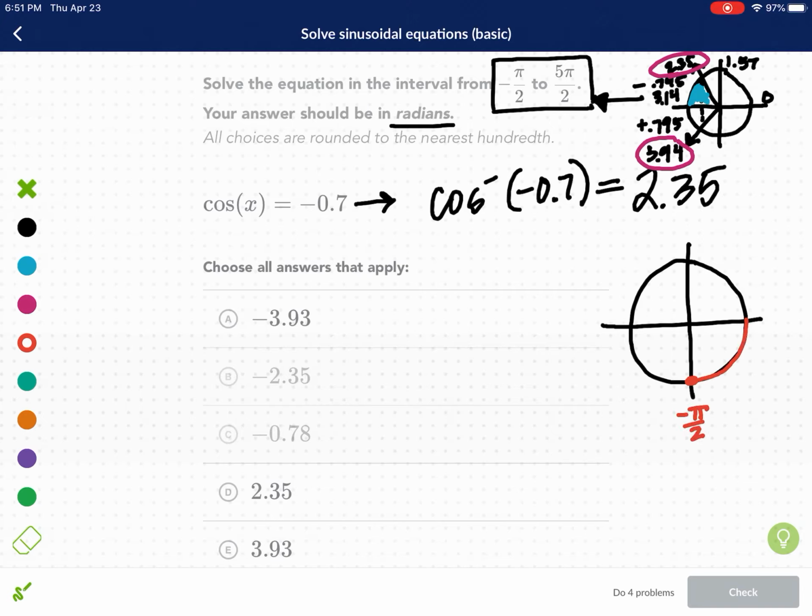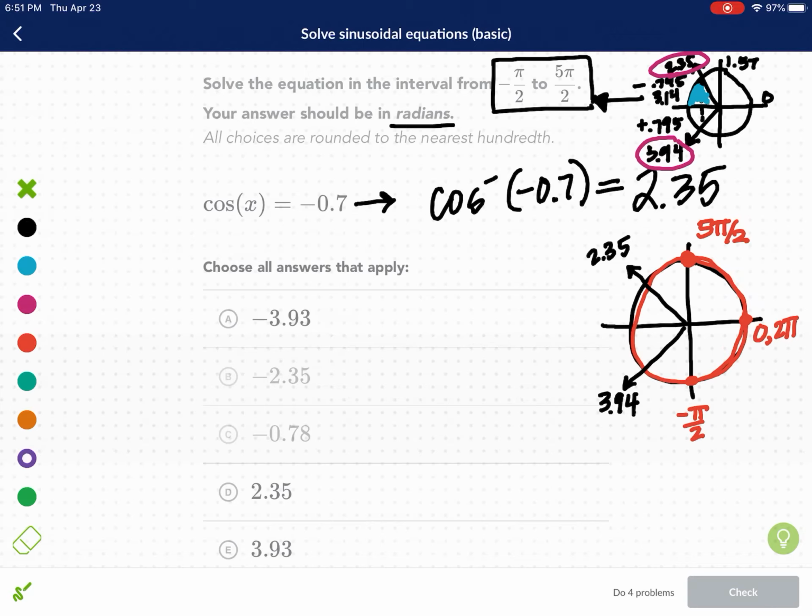Then it makes a full circle from 0 back to 2 pi, and then extends another pi over 2 to 5 pi over 2. So essentially, we're getting a full circle and an extra half. So we're looking for every time we cross over this angle, which in the first rotation is 2.35, and this angle, which only in the first rotation is 3.94.